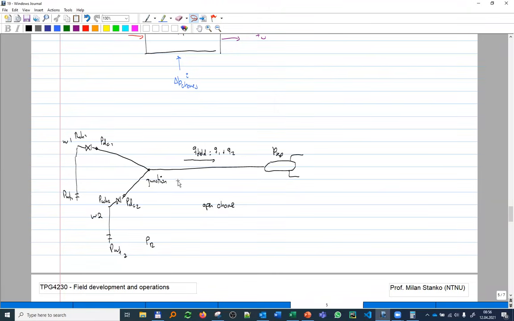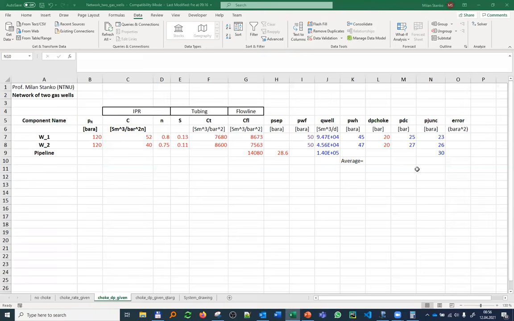It's exactly the same as the previous case, but now we simply have this as an input. So now we don't have a delta P equal to 0, but we have actually a value. So we repeat the same. We calculate first the average. And then we calculate an error, which will be, for example, this minus this one.